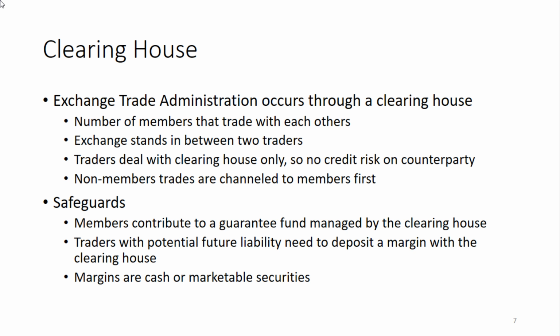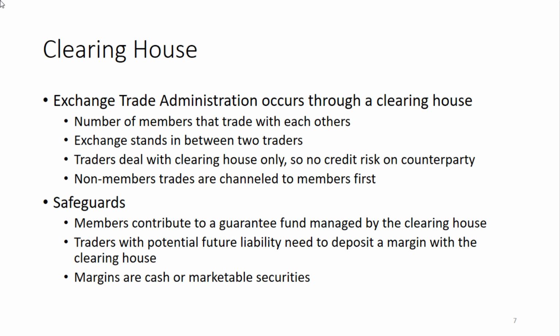They are still owned by the member trader, but they are now in a safe position with the clearinghouse, and the clearinghouse will also use that as an additional safety guard for potential future losses that may occur.